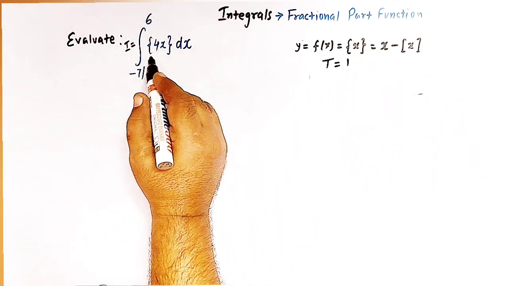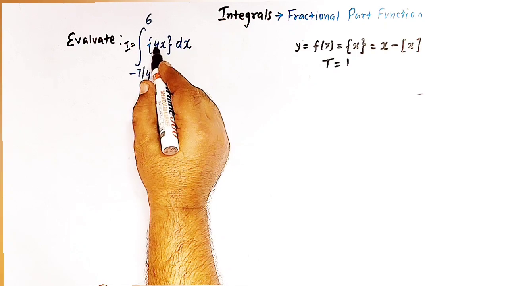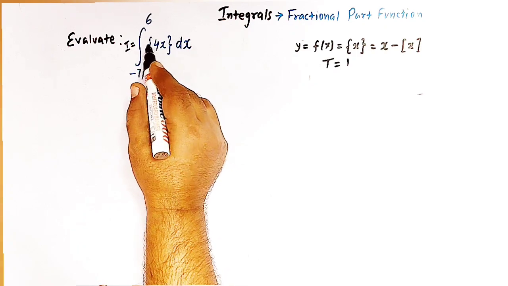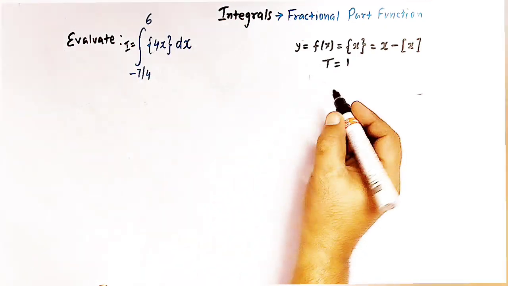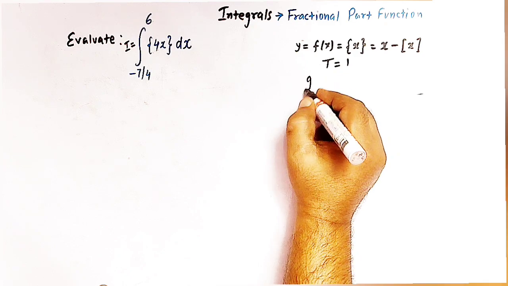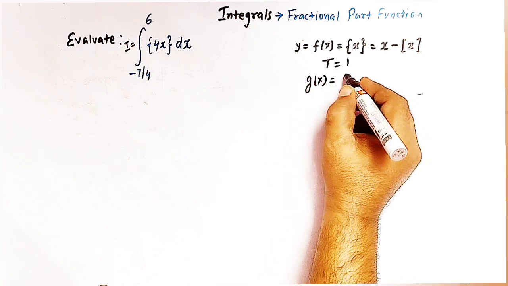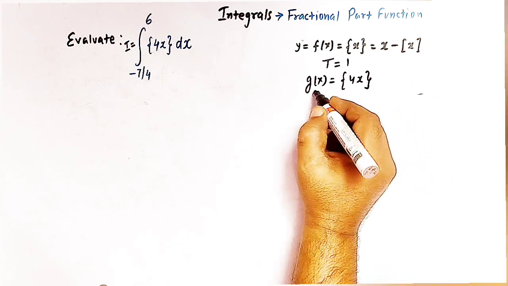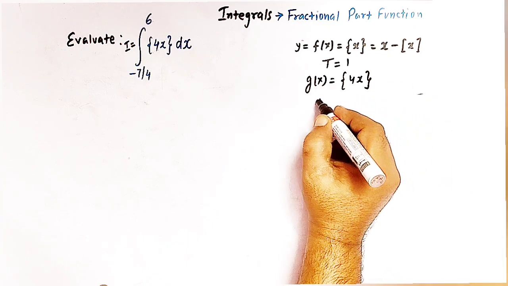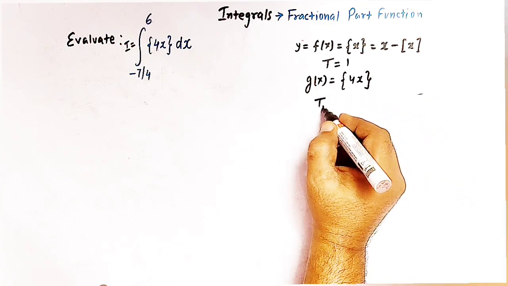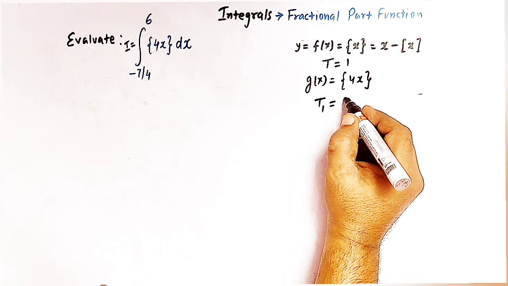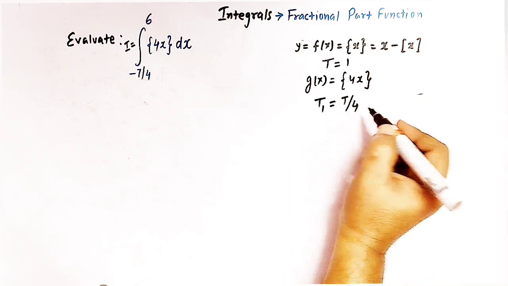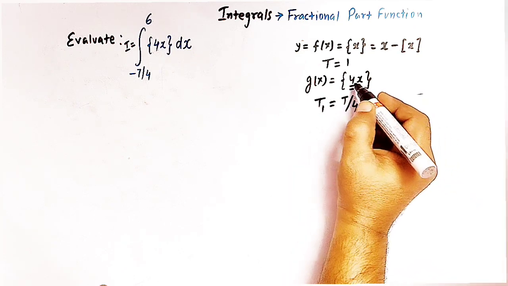Now see, here we have the function that is the fractional part of 4x. If we take this function as g of x, that is the fractional part of 4x, then the period of g of x, say T1, is given by T by 4, because here we have the coefficient 4.